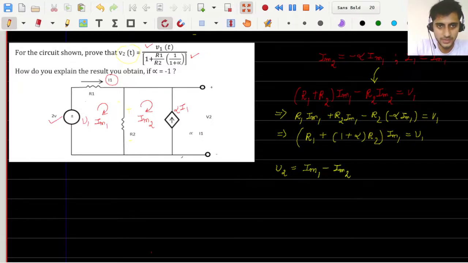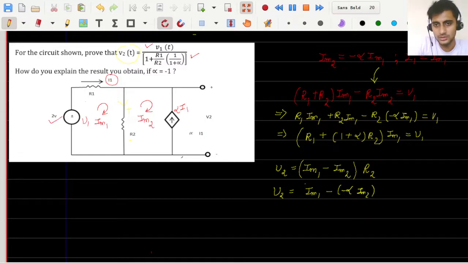Because the current flows like this, it's a passive element. It is Im1 minus Im2 times R2. Fine. So you can write this one as Im1 minus minus alpha Im1, whole multiplied with R2.